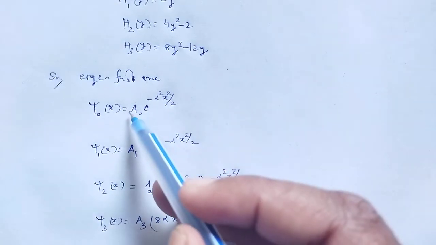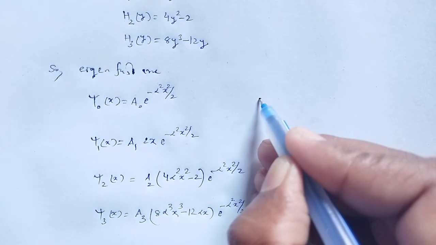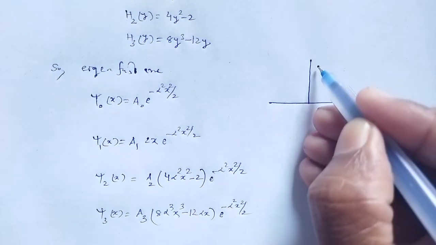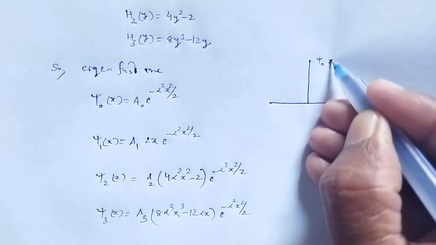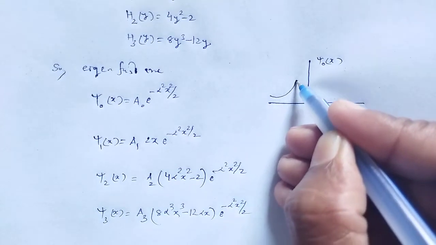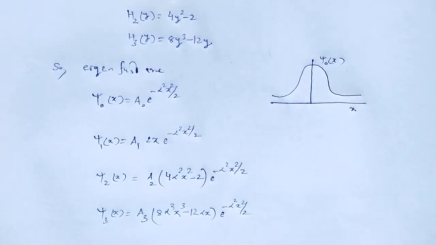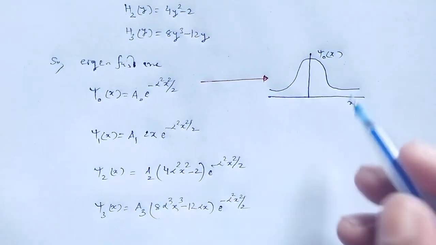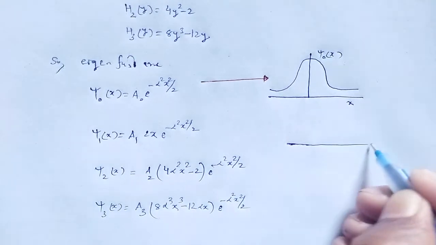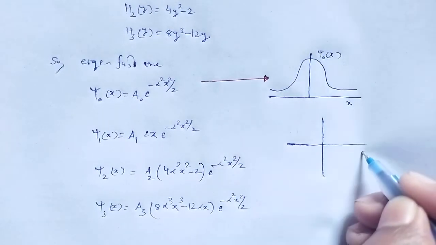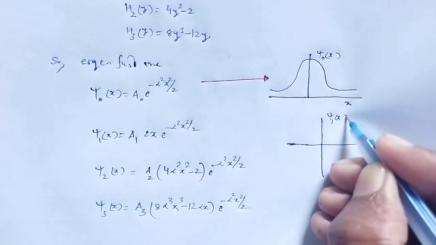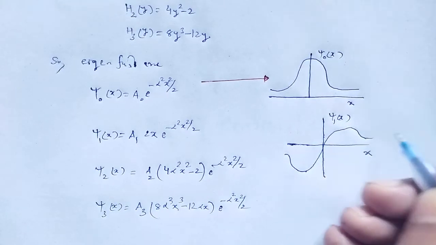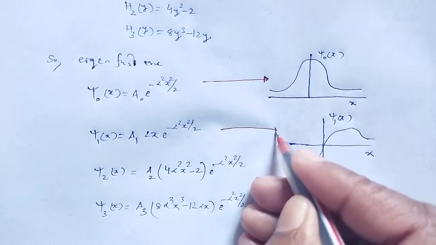So the graphical representation of psi naught of x will be this. Again this is for psi naught of x. Again psi 1 of x, this is the second one.